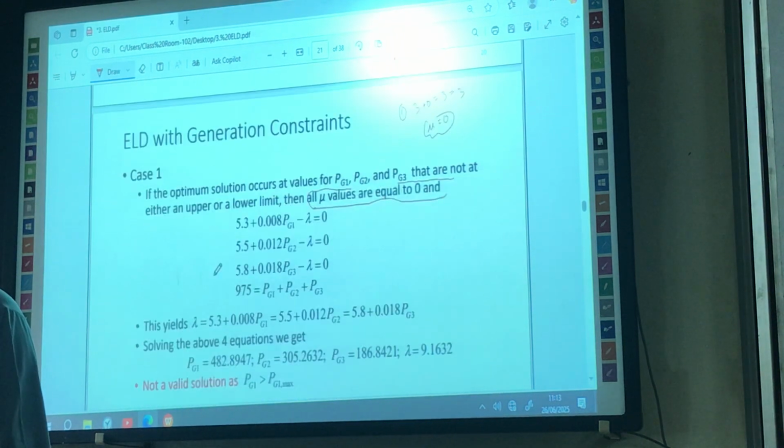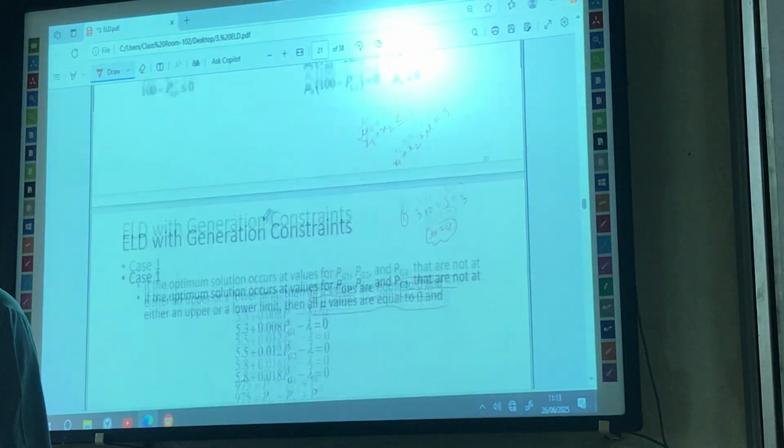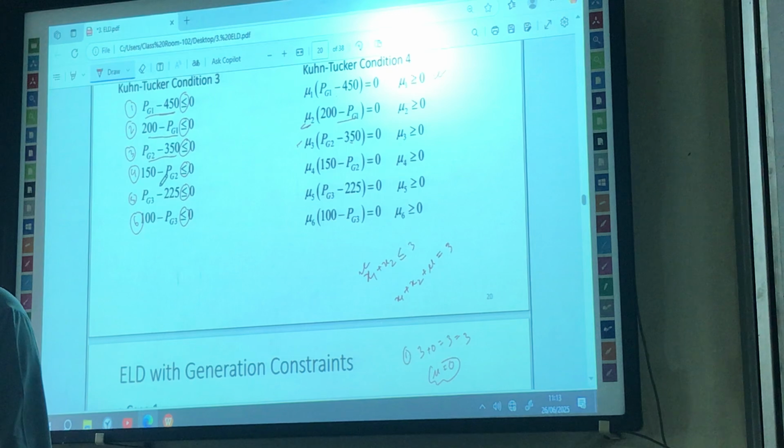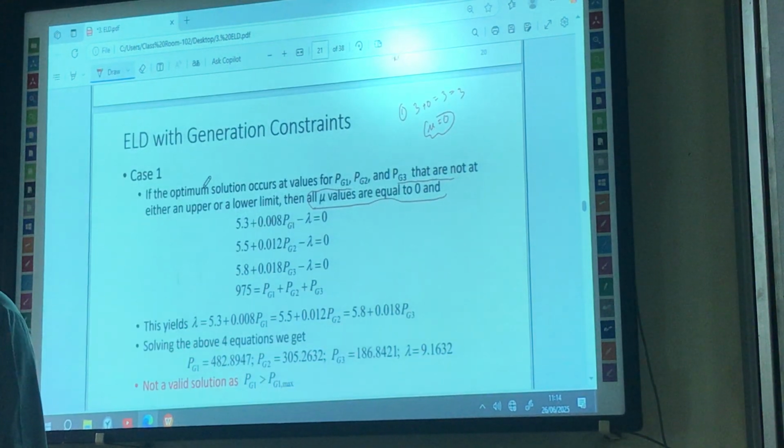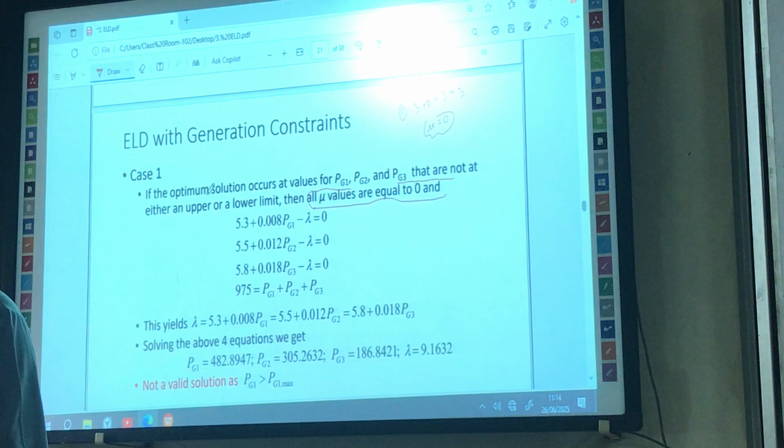So considering this, we will solve. If all the Pg1, Pg2 and Pg3 are within the limit, then that's okay. That will be our final solution. But if any of them violates, at that time we will do the treatment of that term. That is the idea here.